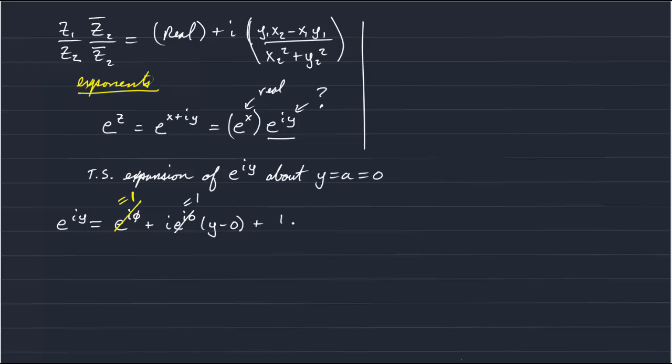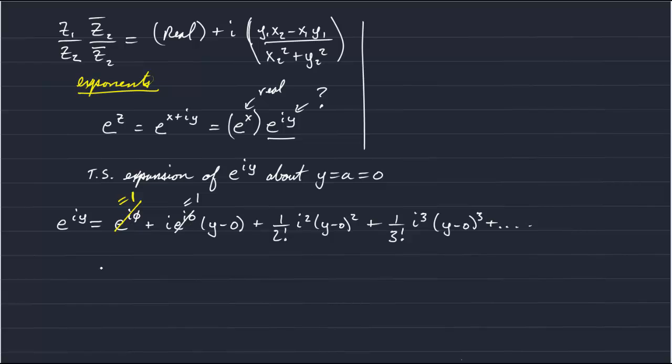The third term is 1 over 2 factorial times the second derivative, which is i squared times 1, and we get y minus 0 squared. The next term is 1 over 3 factorial times the third derivative, which gives us an i cubed times 1, and then we have y minus 0 cubed, and so on.